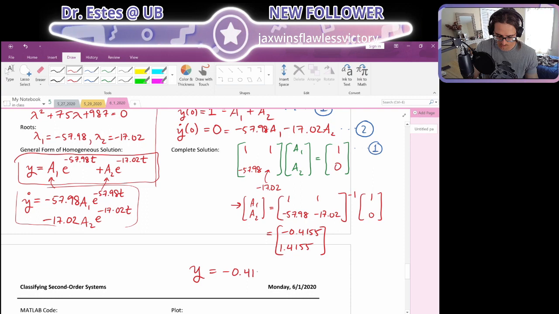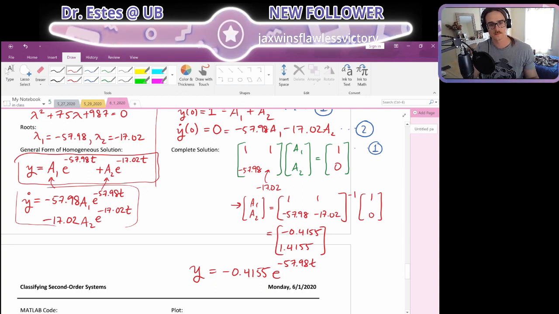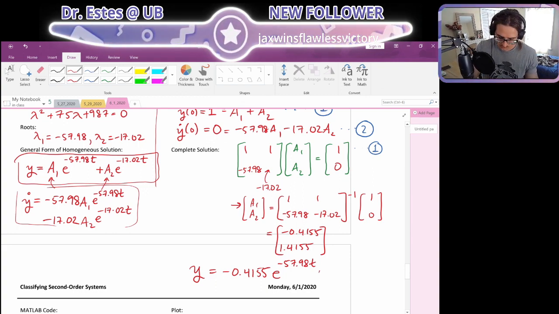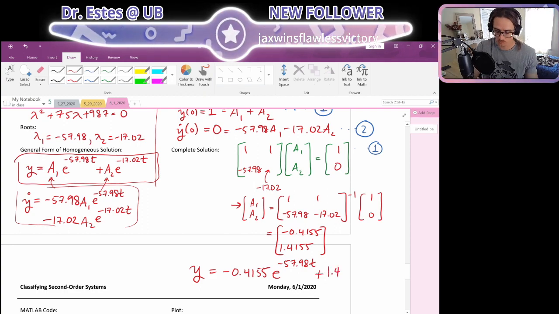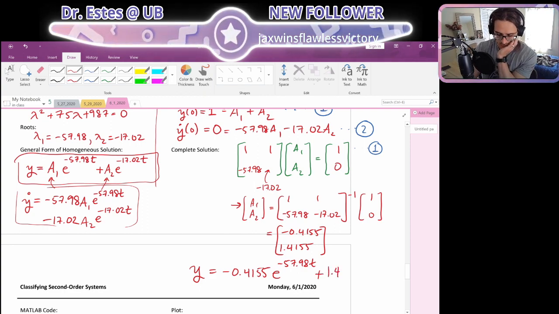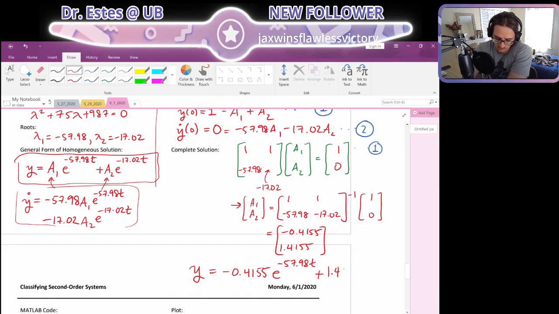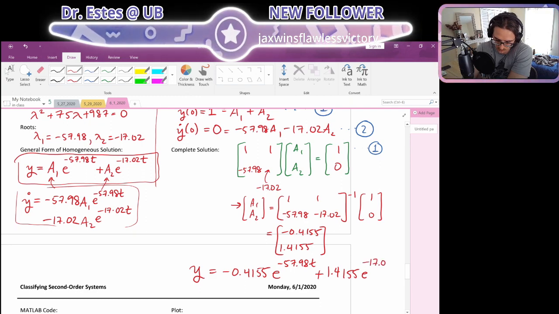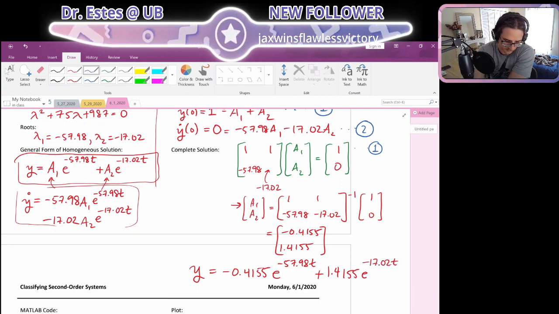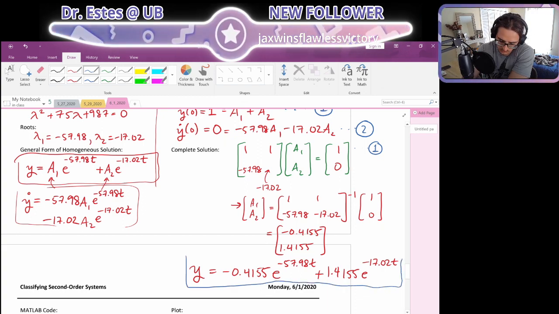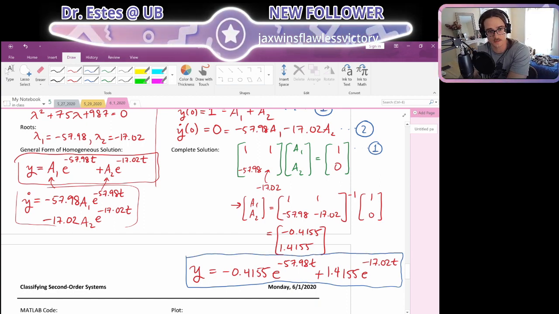Minus 0.4155 e to the minus 57.98 t. Okay, now we got the A2 term. 1.4155 e to the minus 17.02 t. And that is our complete homogeneous solution for this overdamped system.